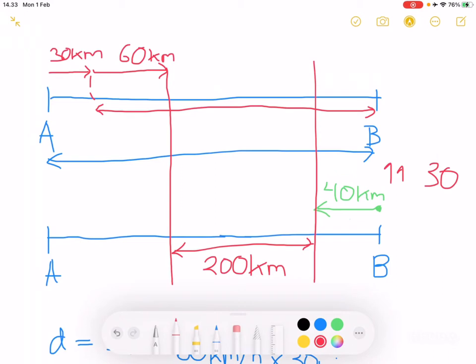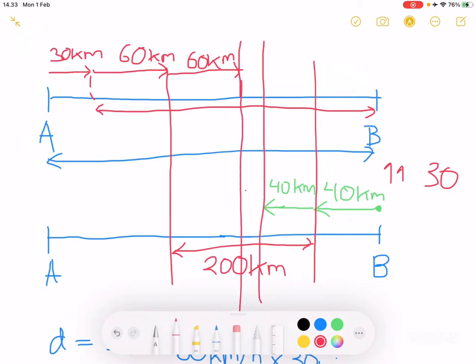Repeating the same process, after 1 hour, car A will travel 60 kilometers and the truck will travel yet again 40 kilometers. Note that the diagram is not to scale. So the remaining distance will be 200 minus 60 minus 40, which is 100 kilometers.